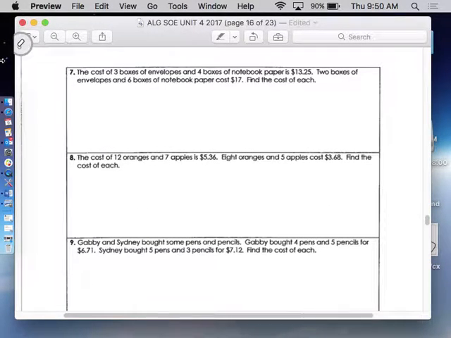And here, I'm going to set these up in standard form. And each word problem lends itself, or could possibly lend itself, to a different equation type setup. So here I've got 3 boxes of envelopes, 4 boxes of notebooks. So I've got envelopes and notebooks.